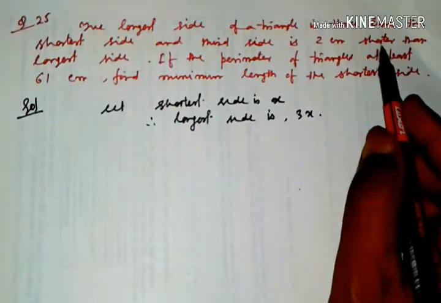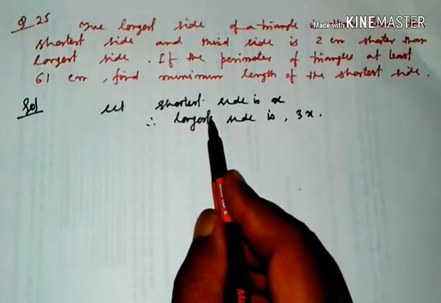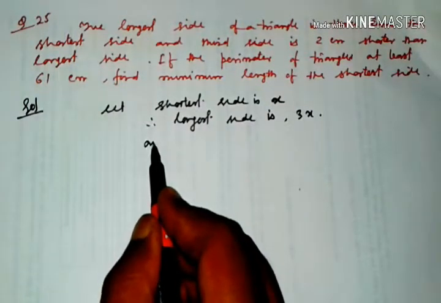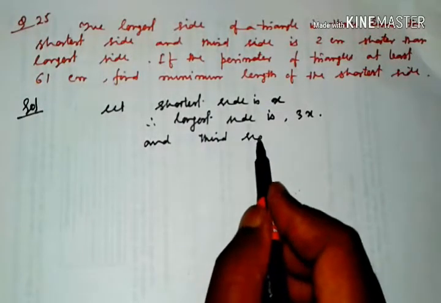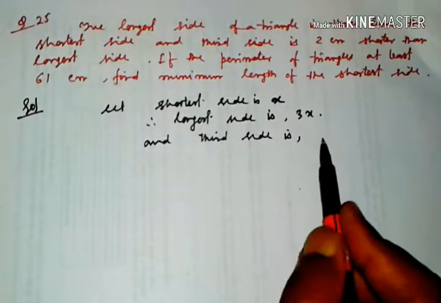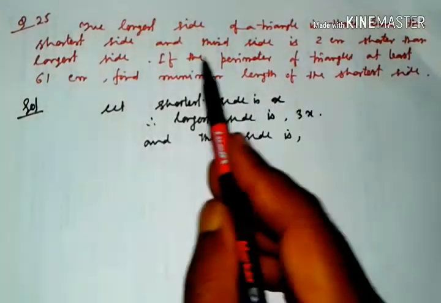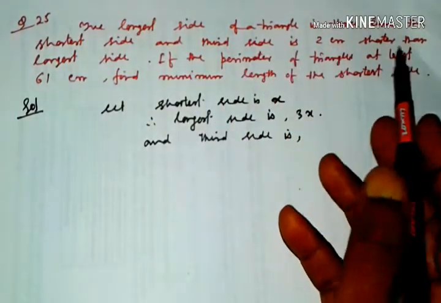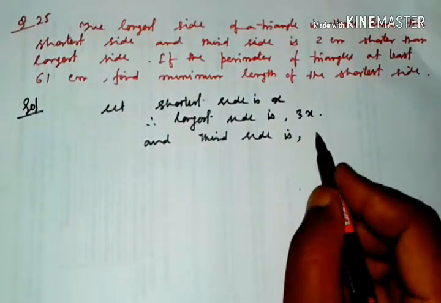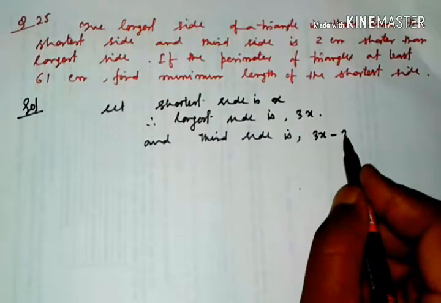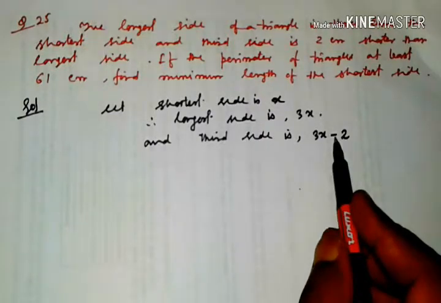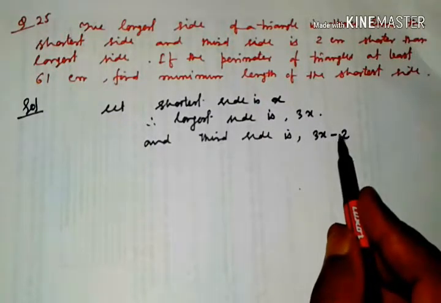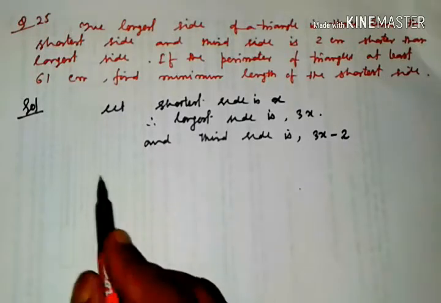And the third side is 2 centimeters shorter than the longest side. The longest side is 3x, 2 centimeters shorter, therefore 3x minus 2.